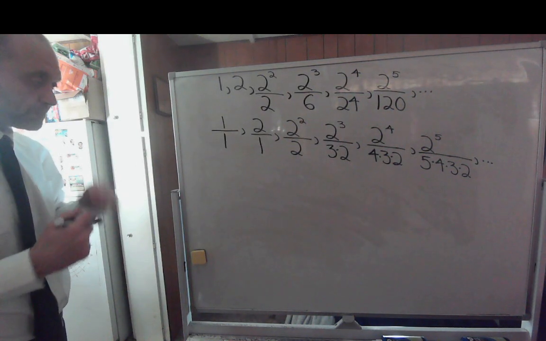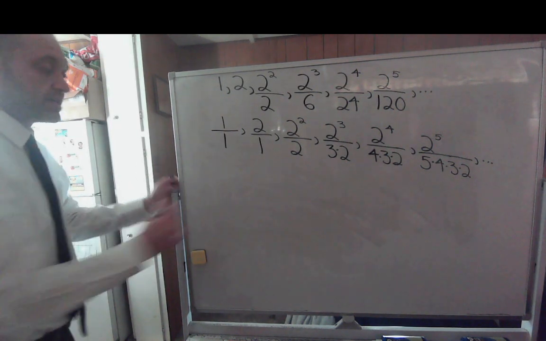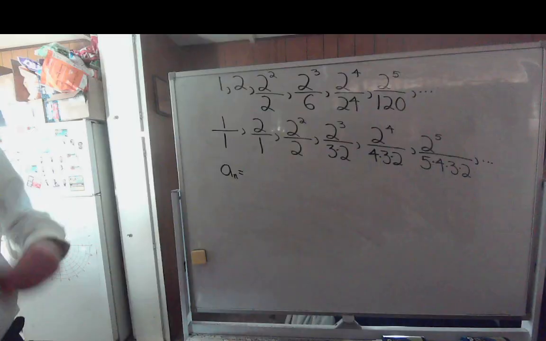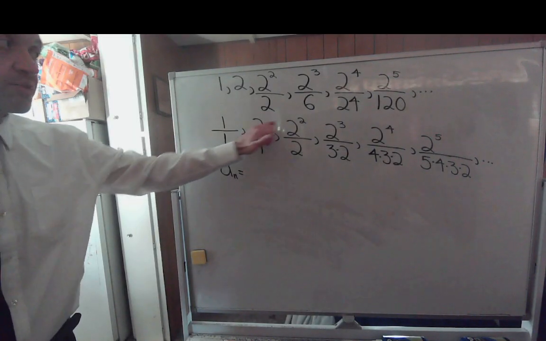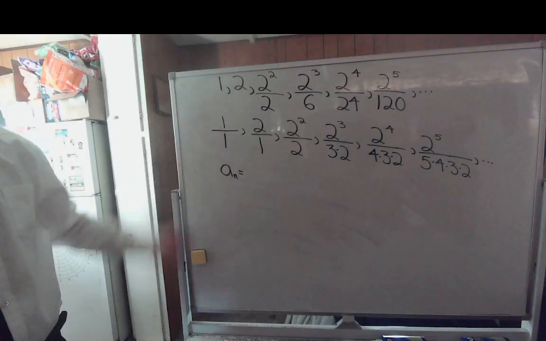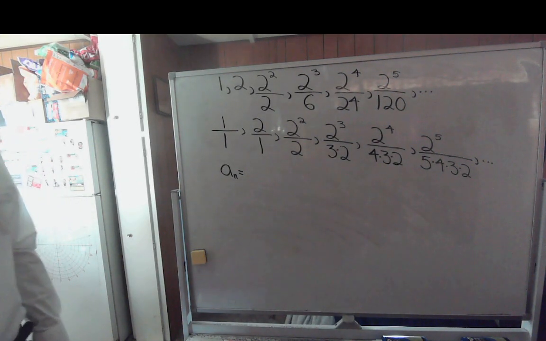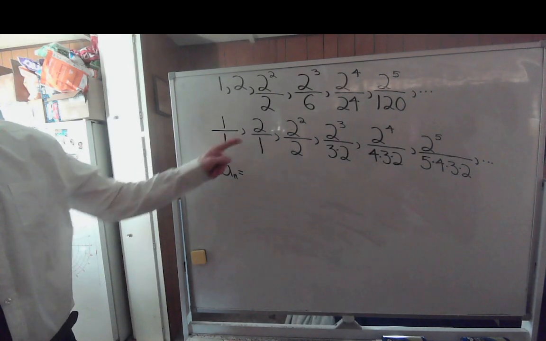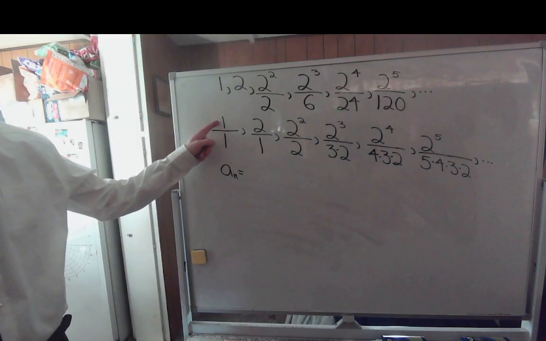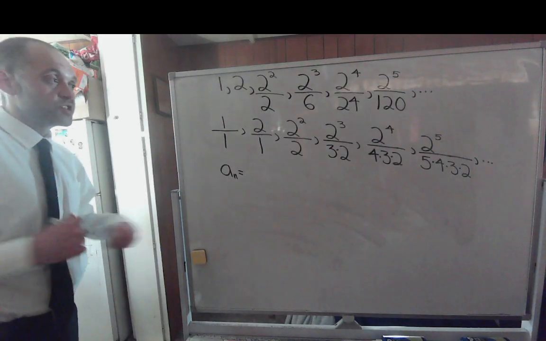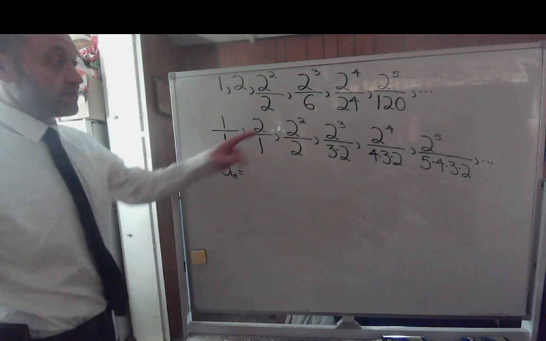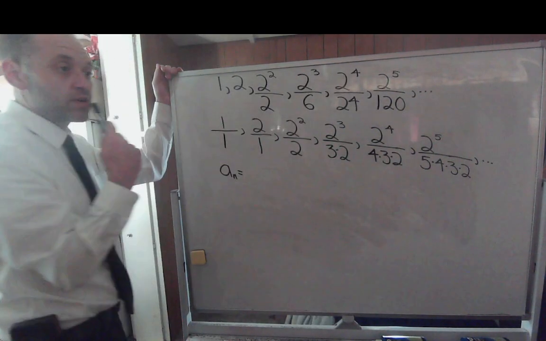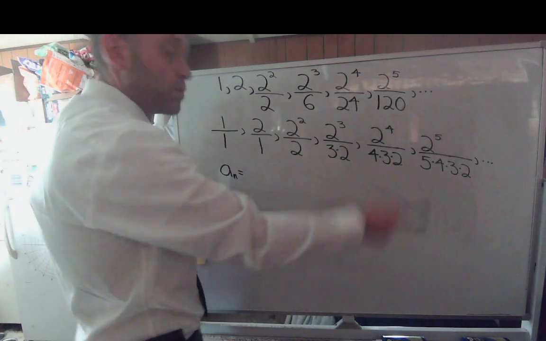Well, first look closely at your numerator. Let's set up the a sub n. What if I were to tell you that all of these are powers of 2, even the 1? So your first term has a numerator of 1, your second term has a numerator of 2, your third term has a numerator of 2 to the 2nd, your fourth term has 2 to the 3rd, your fifth term has 2 to the 4th.